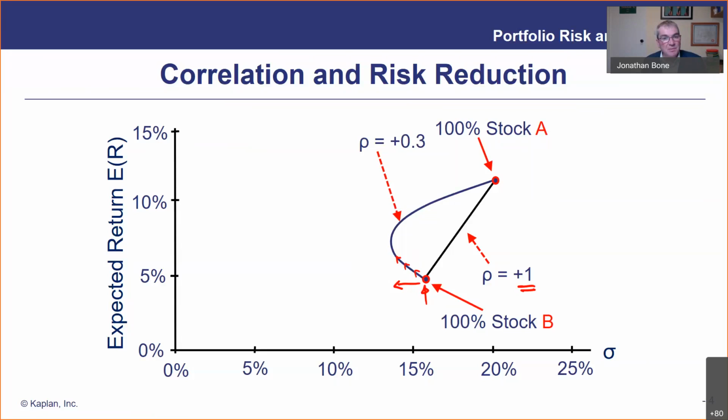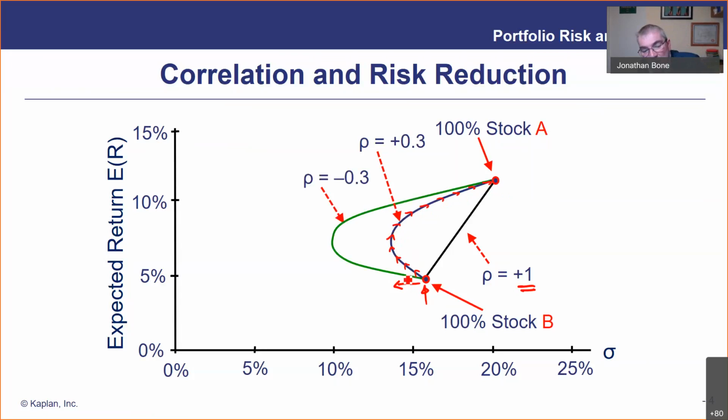Now notice essentially that there's a point there for a combination of asset A and B here that will minimize the risk of your portfolio. If you go beyond that, then essentially all we're going to do is end up increasing expected return, but actually increasing risk at the same time. Now, if the correlation between the two assets, let's say, was minus 0.3, then notice our bow gets bigger.